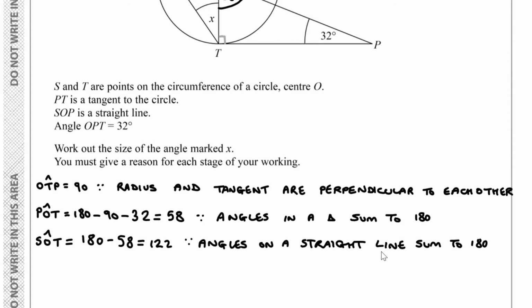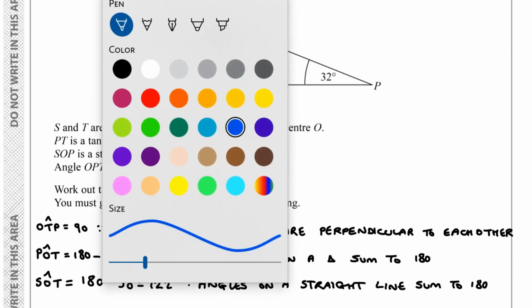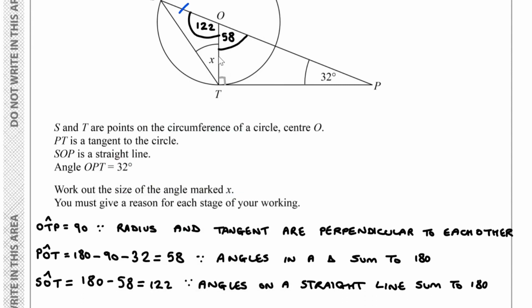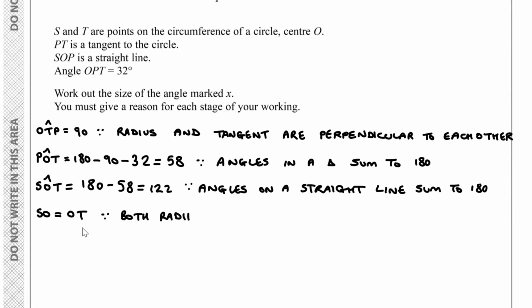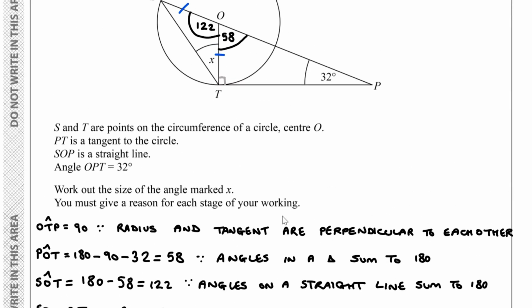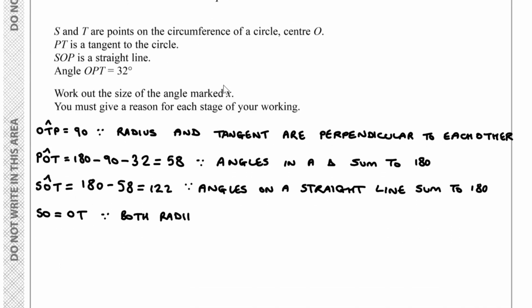Now, SO is equal to OT, and that's because they're both radii. So SO is equal to OT because they're both radii, and therefore SOT is an isosceles triangle.